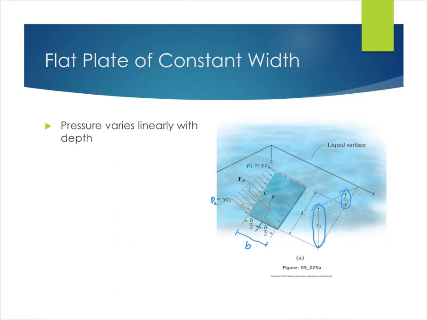But there's something that we can do with this. If you look at it, you can see that in general, a side view is like a trapezoid, but it is also three-dimensional, so it looks kind of complicated. But if we have a uniform width, that b, if the width of the plate is the same the whole way along, from a depth of z1 to z2, we can do a simplification.